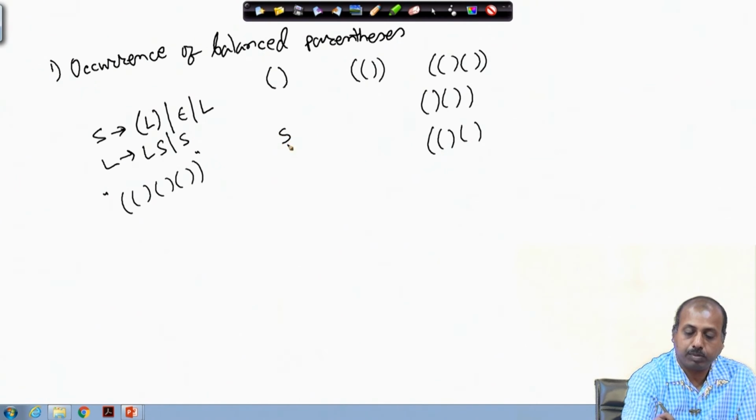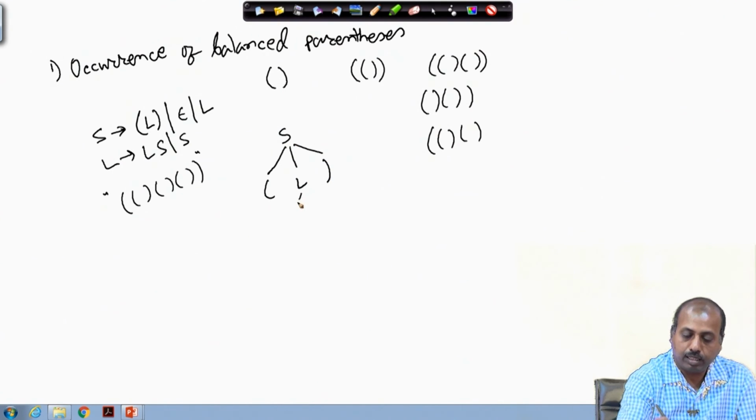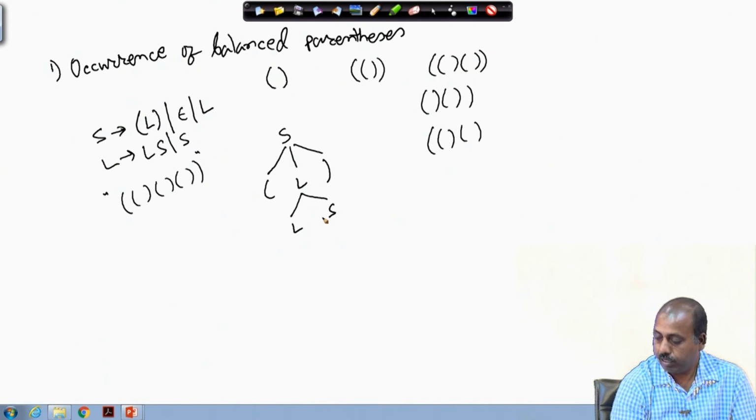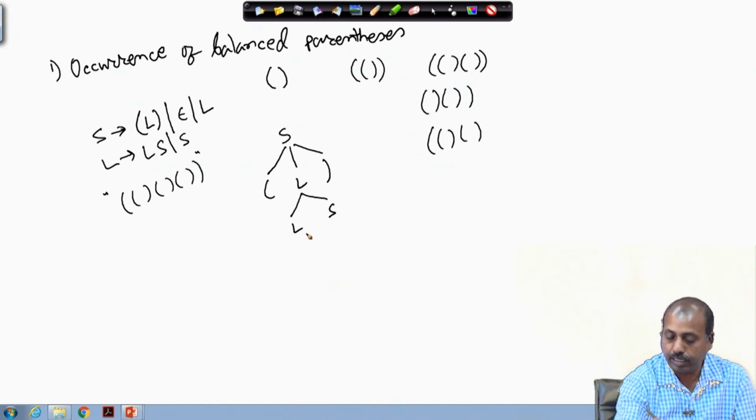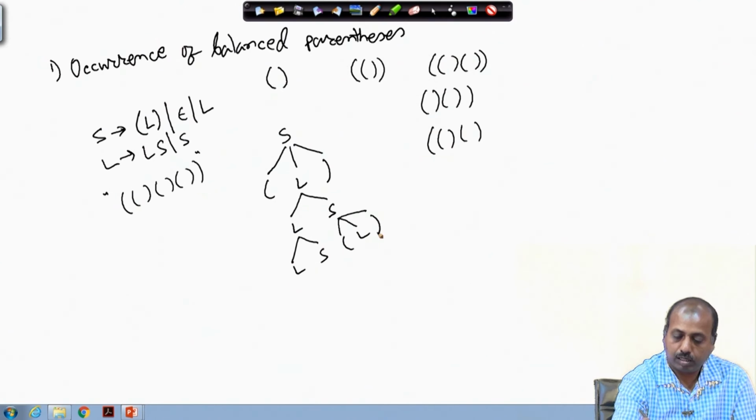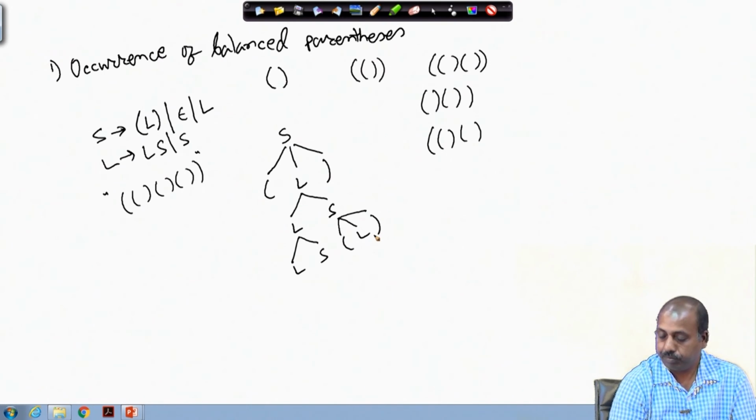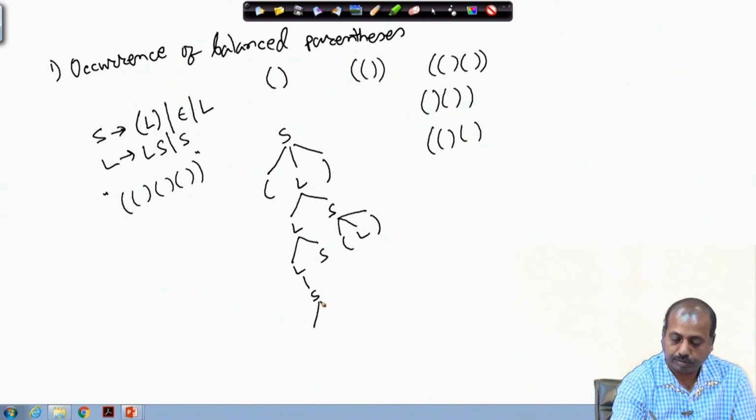We can do it like this: S producing bracket start L bracket close, and then this L giving me L S, and from this L S this L can again be made to give L S, this S can give me within bracket L, then this L can give me S, and then this S can be made to give S L bracket close, then this is S, and this can be made to give epsilon.